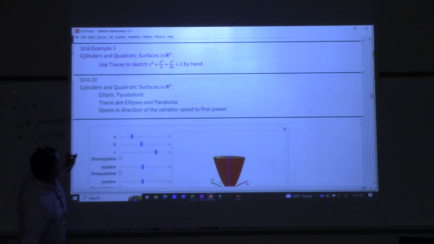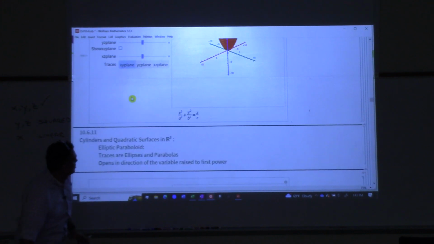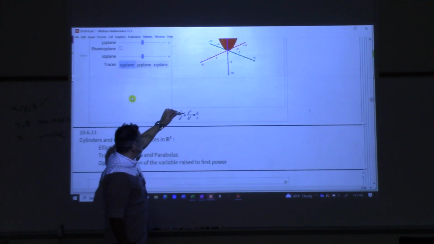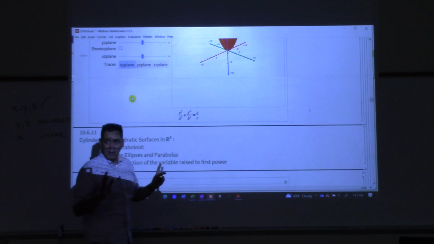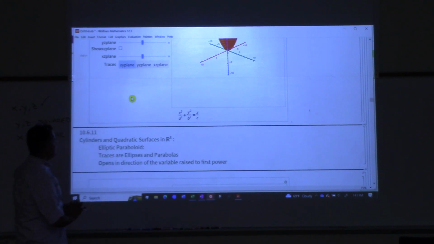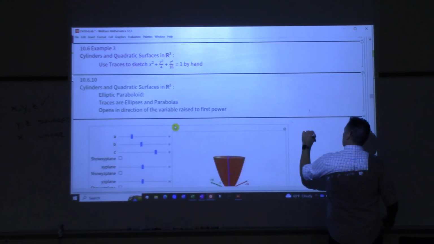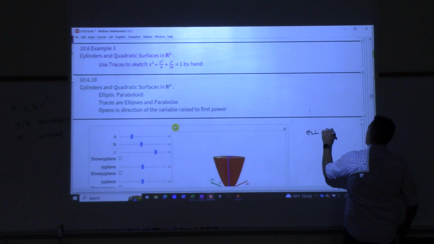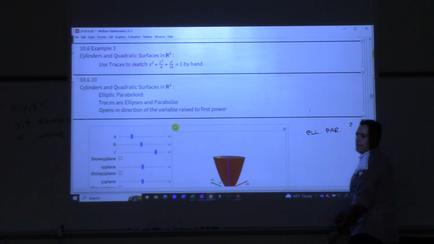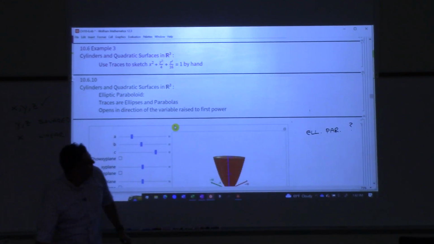Elliptic paraboloid is next. And this one has 2 variables squared, the other one's not. That's looking somewhat promising. This is the elliptic paraboloid. Maybe it's an elliptic paraboloid.